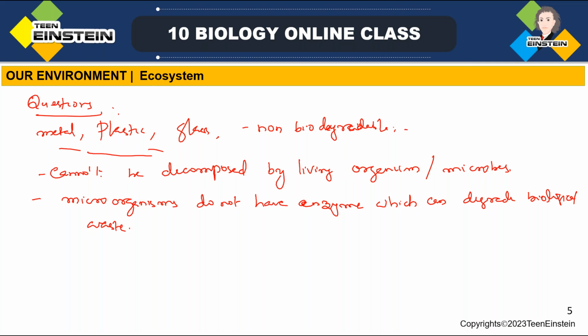So, any two ways in which biodegradable substances would affect the environment. Non-biodegradable, that we cannot decompose, so it's not returning anything back to the environment. What about biodegradable, like vegetable waste or normal waste? Biodegradable substance means biological actions are possible, or microorganisms are there to decompose that material.